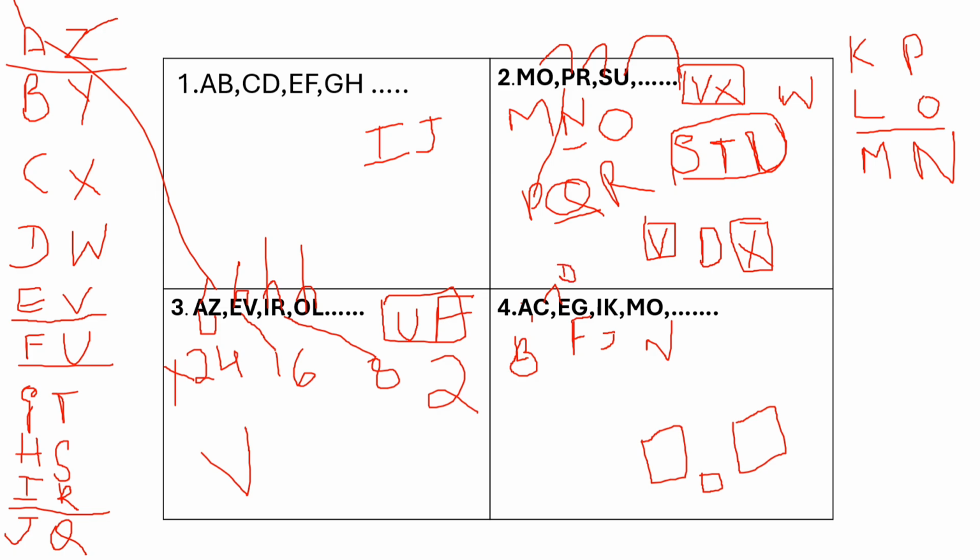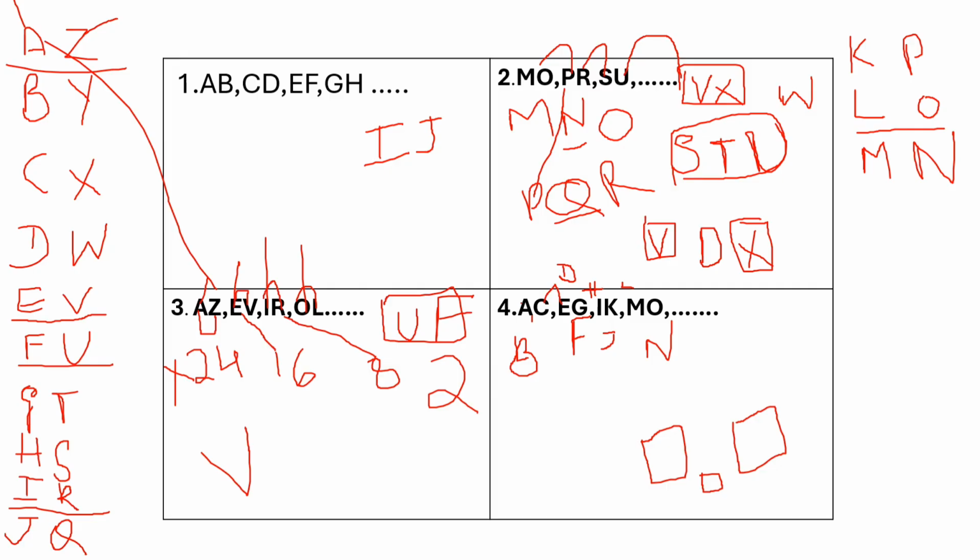E, F, G, H. Yes, one letter is missing. I, J, K, L, M, N is missing. Okay, the logic is that these series connect by the last letter, O. Last O is there.